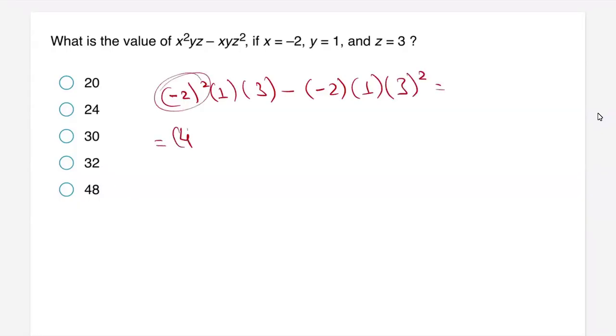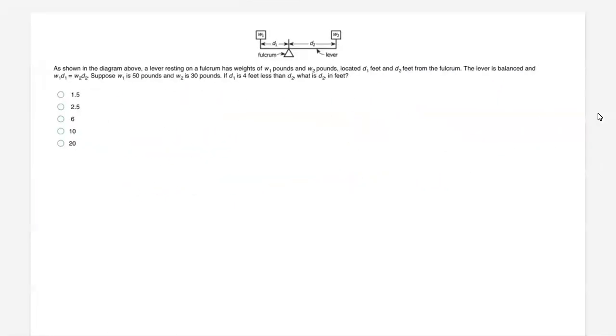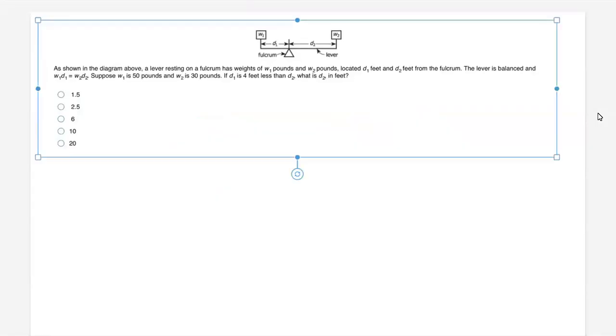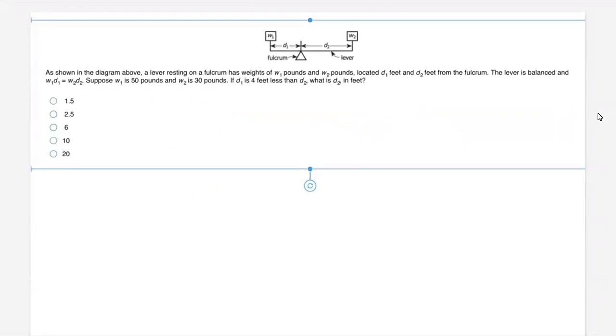Minus 2 squared is 4, times 1, times 3, minus minus 2, times 1, times 9. 4 times 3 is 12, minus with minus is plus, okay? 2 times 9, 18, so it's 30. Super easy. Okay. Next one.